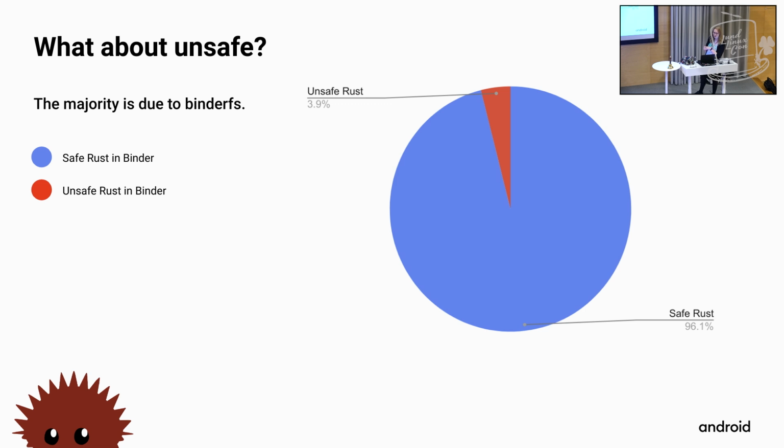There's a file system called binder.fs, and we just kept the C implementation because it doesn't have a history of security vulnerabilities, and converting it would have been a lot of work. So most of the unsafe Rust in the binder driver itself has to do with talking to this C component. There are also some other minor stuff, but even then, 4% is not that much.